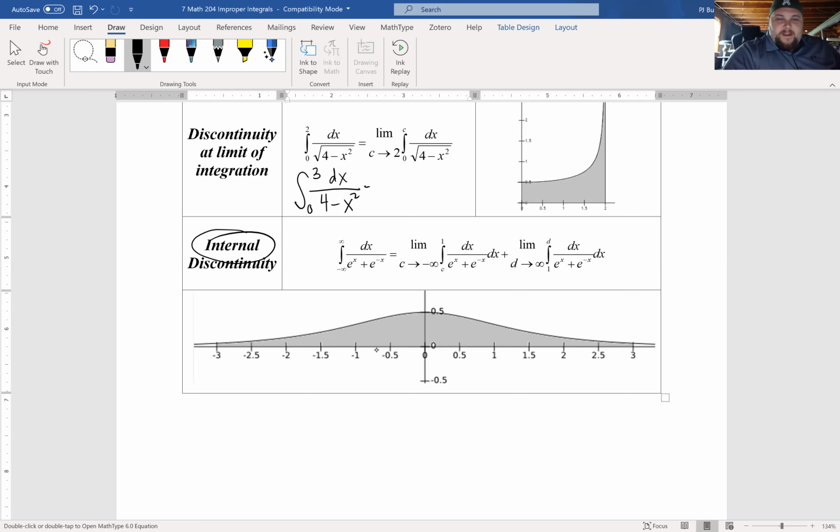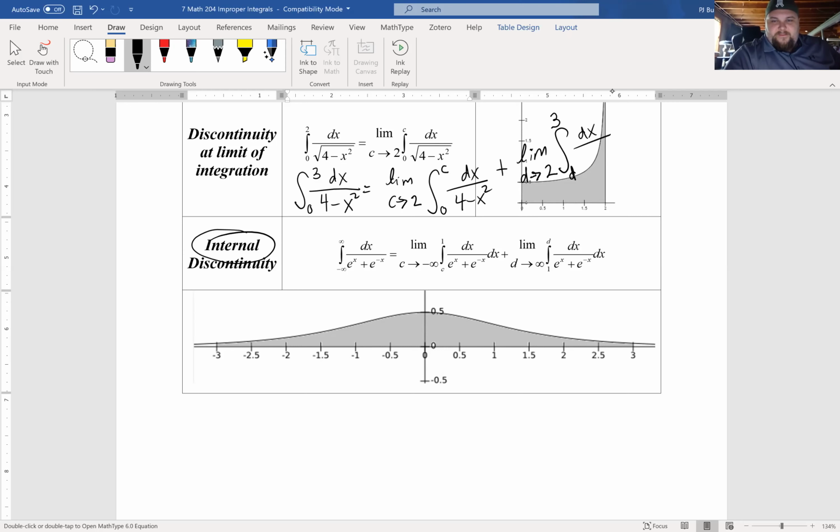So we would need to write this as two separate integrals. We would need the limit as c approaches 2, and we would go from 0 to c. And we would add to that another limit, and we would need a different variable, d approaching 2, from d to 3.